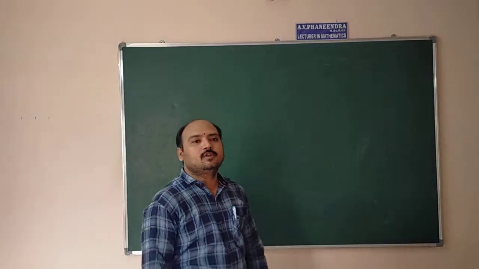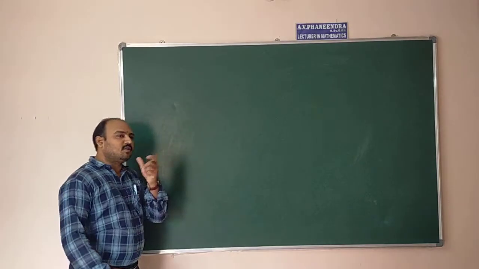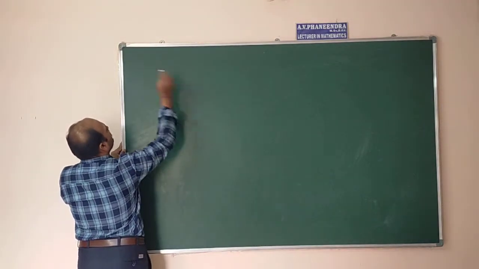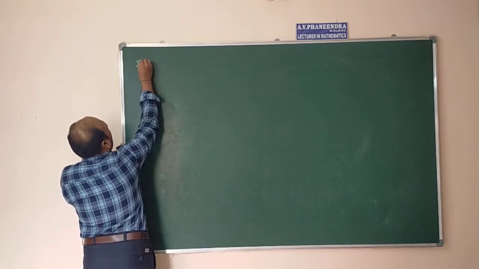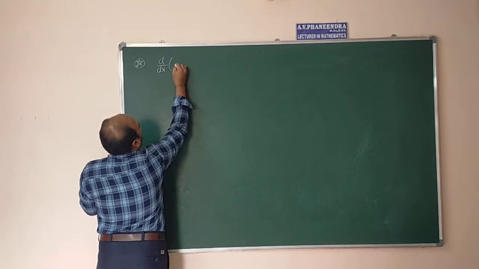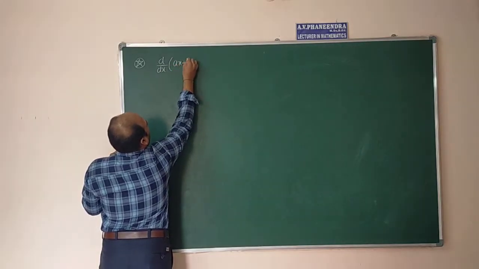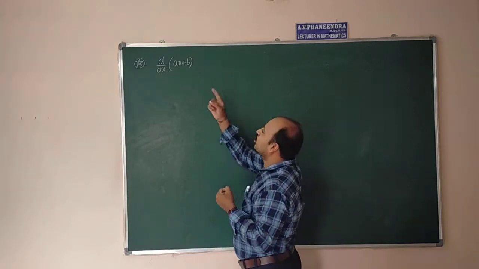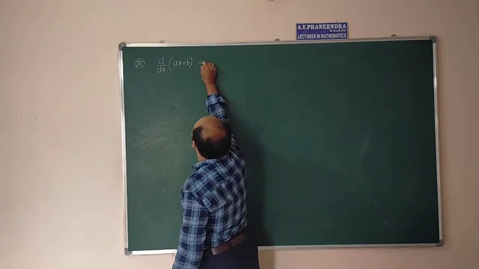Next one. Before going to discuss the third model, a simple model you can take on this. Previously we got it, now I am going to tell it as a formula. D by dx of ax plus b. Whenever the function is in this form, directly write the answer as a, the x coefficient. I'll explain how it is.